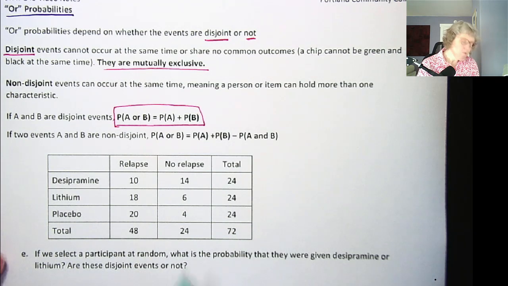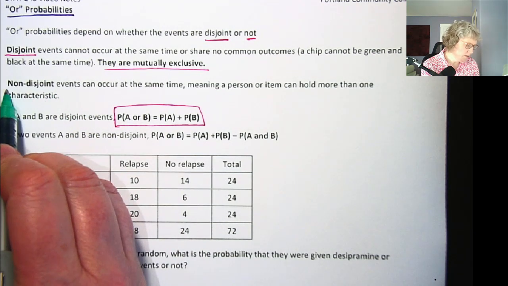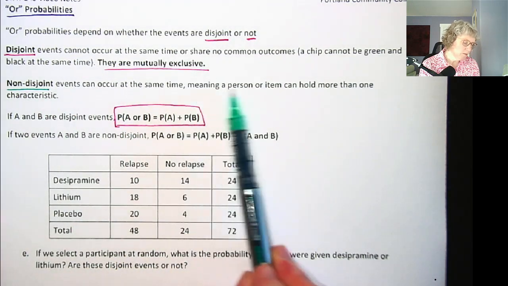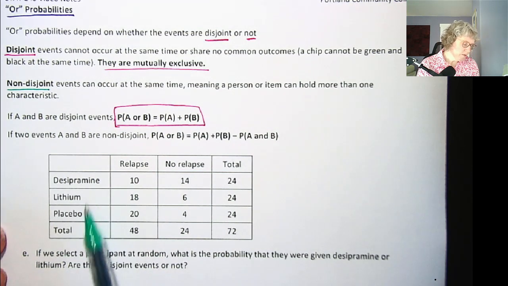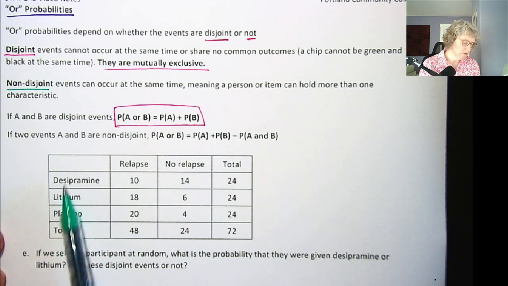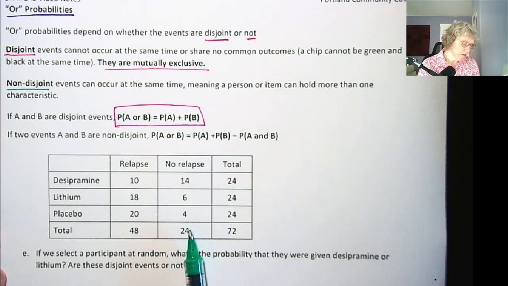Now, when we have two variables, though, we might have an overlap, and that's called non-disjoint. Those are events that can occur at the same time, meaning a person or item can hold more than one characteristic. And that's what's going on in here, because each person has two characteristics. They're in a certain group, and they had a certain result, a relapse or not. And so we have to be a little bit careful, and I'll show you how to do this.